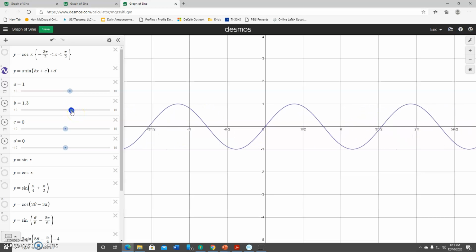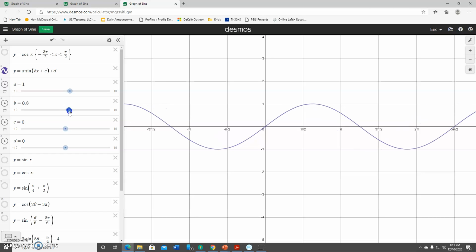But as B gets lower than 1, it begins to stretch out. If I put it at 1/2, 0.5, as you can see now, from our normal distance from 0 to 2 pi, only half the graph is actually in that distance.